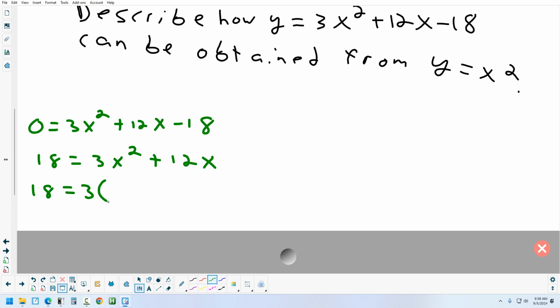If there wasn't a number in front of x squared, I wouldn't need to be doing the step I'm doing right now. But there is a number in front of it, so factor it out. If you're really lucky, the coefficient of the x term will be a multiple of what you factor out, then you don't have any fractions. So x squared, and what's going to come after that? Yep, 4x.